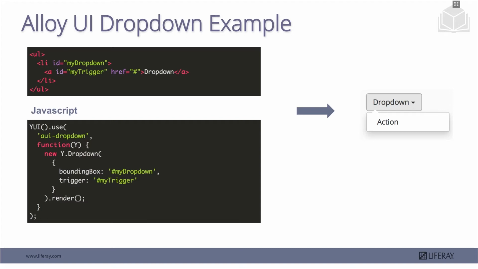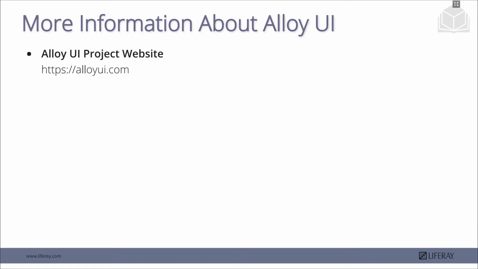There are some cool things that you can do with Alloy UI, like making a simple drop-down using some code determined from Alloy UI, and then you can add some JavaScript behind the scenes to make it do stuff. If you are curious about Alloy UI and some of the details of it, we have a URL that brings us over to our Alloy UI website.